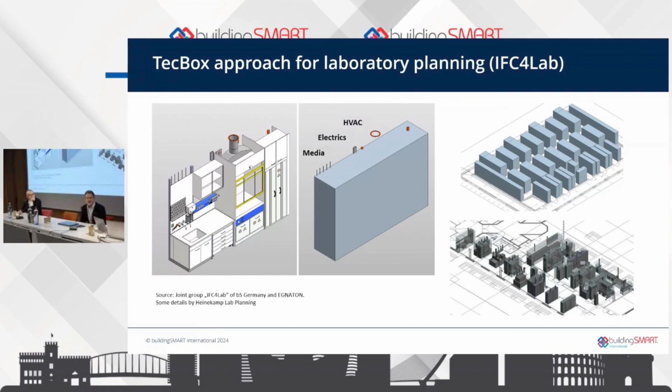If you can position that interface within a room at a very early stage, you can plan a complete level of the building just with these tech boxes, and have already the properties you will need later on in the right position eventually. And so you can do your calculation very early in the process. So that was originally the idea.